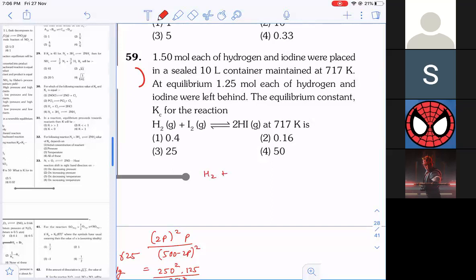Let me write it. Yes, please tell, go ahead. So 1.5, 1.5 and 0. Then we know that it becomes 1.25, 1.25 and 0.5. 1.25, 1.25 and 0.5. That's what you are saying? Okay.